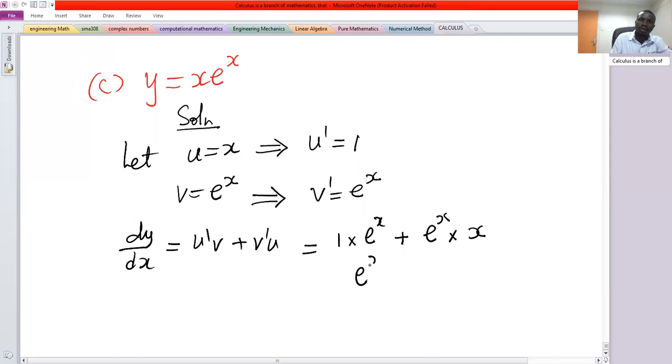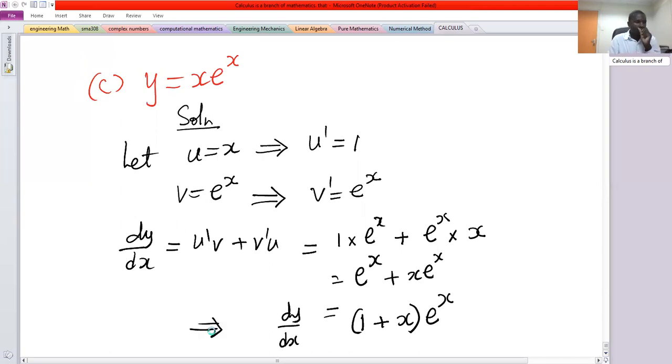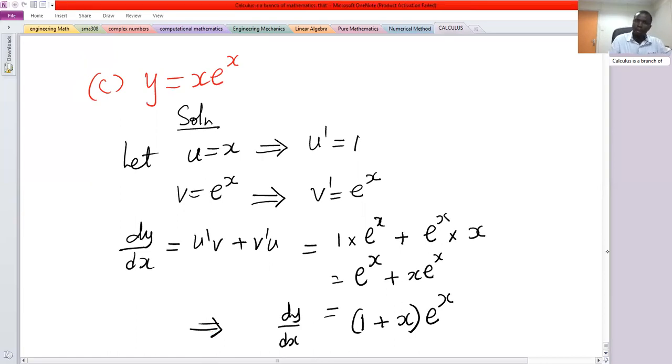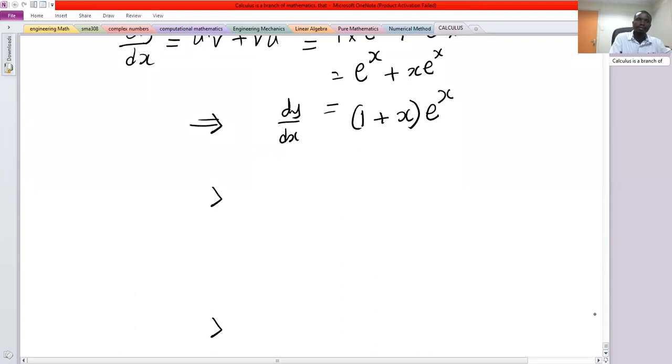We have e raised power x plus x e raised power x, which is the same thing as saying 1 plus x multiplied by e raised power x. So this is dy dx.